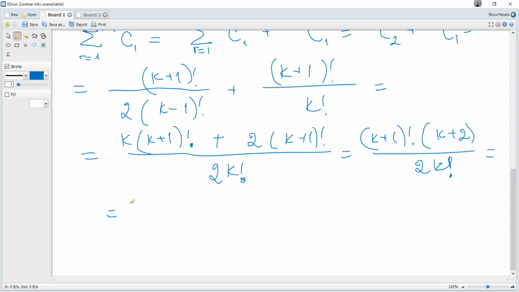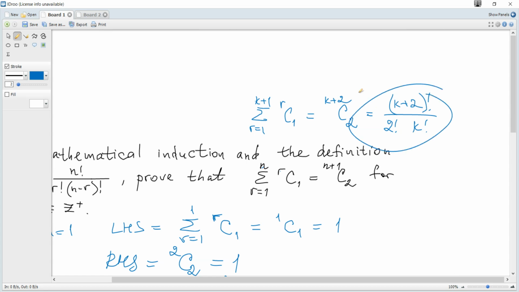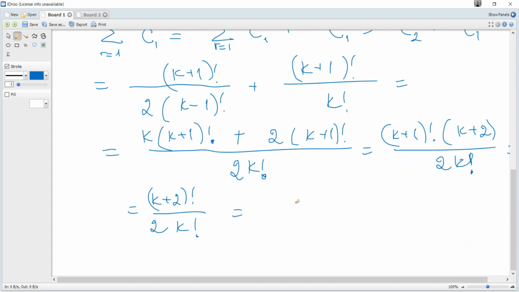It's k plus 2 factorial divided by 2 multiplied by k factorial, but 2 is the same as 2 factorial, and you can see that it's absolutely the same as required. And we can write that it's the number of combinations 2 out of k plus 2.